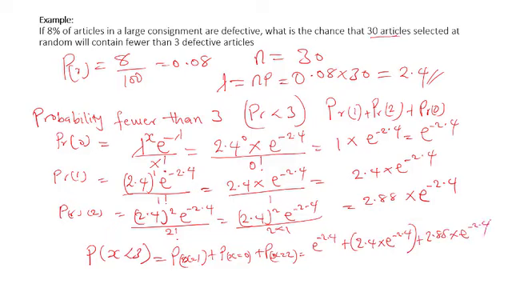So our final answer now becomes 6.28 times e raised to the power minus 2.4. So the probability of selecting a number that will contain less than 3 defective is equal to 6.28 times exponential of e raised to the power minus 2.4.